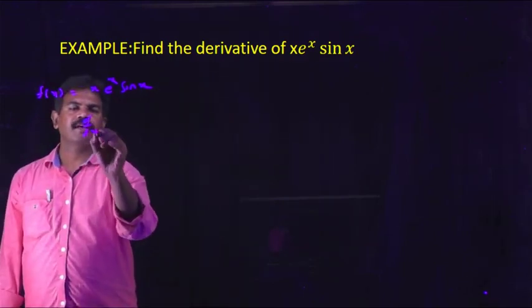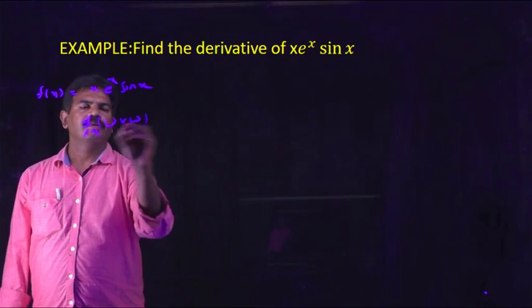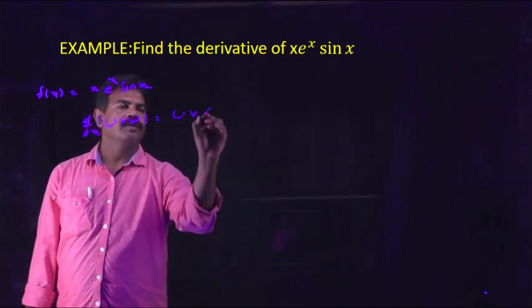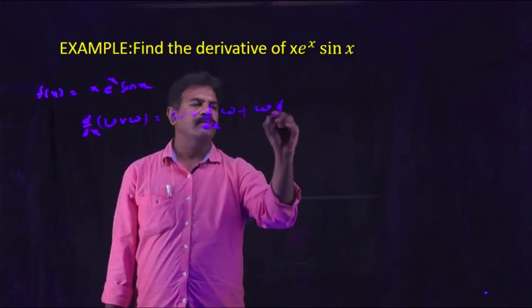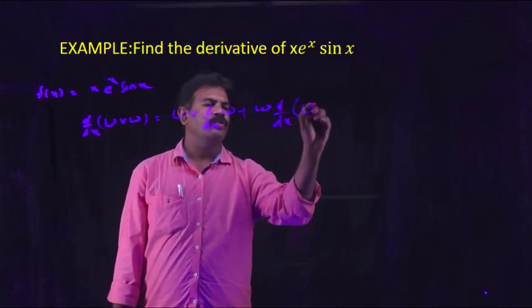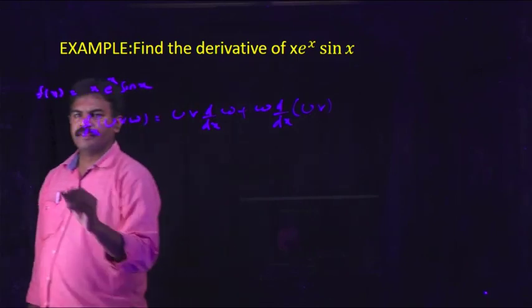d by dx of uvw is equal to uv into d by dx of w plus w into d by dx of uv.